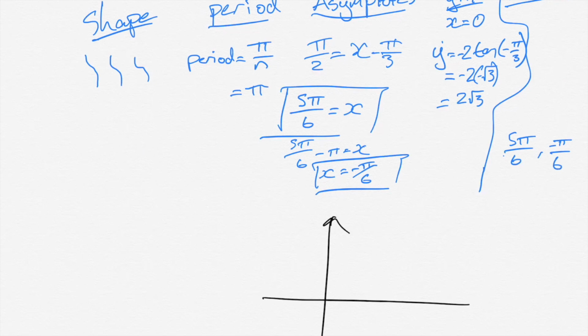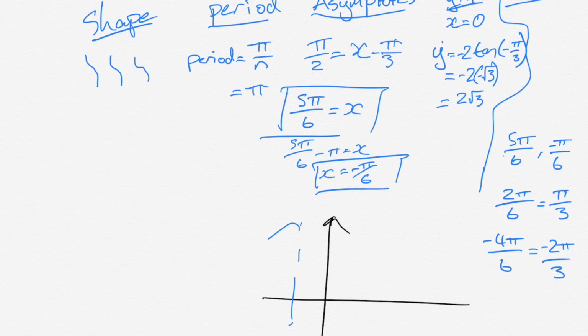That's a difference of 6 pi on 6 because our period is pi. And so 3 pi on 6 each direction gives me 2 pi on 6, which is the same as pi on 3. And also, if we go 3 pi on 6 back from our -pi on 6 asymptote, we're going to get another one at -4 pi on 6, which is equal to -2 pi on 3. So those are my x-intercepts.